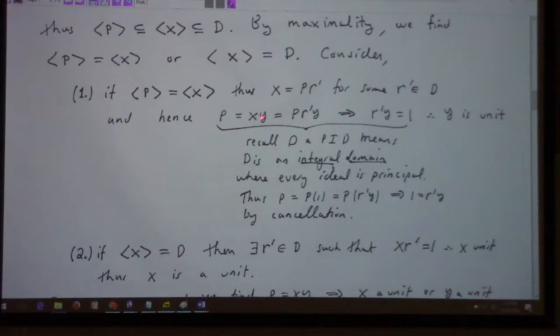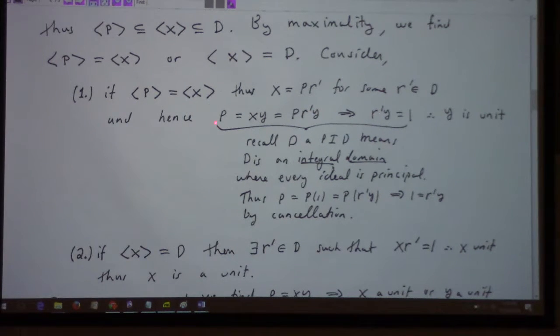But that tells me that, why don't I have, I'm missing something here, guys. Sorry. We have that p is equal to xy, and then we have that p r prime, so... Right. Oh, right.